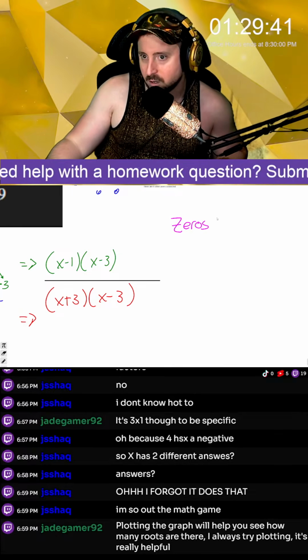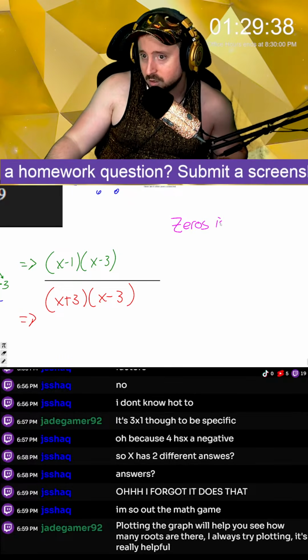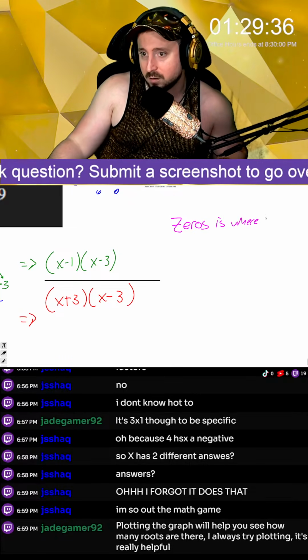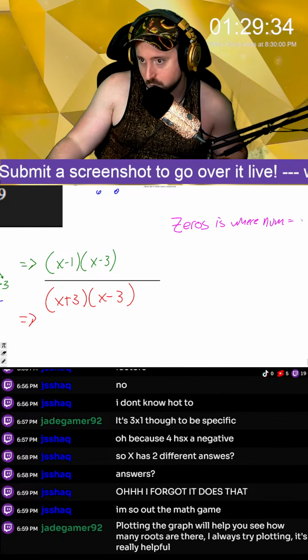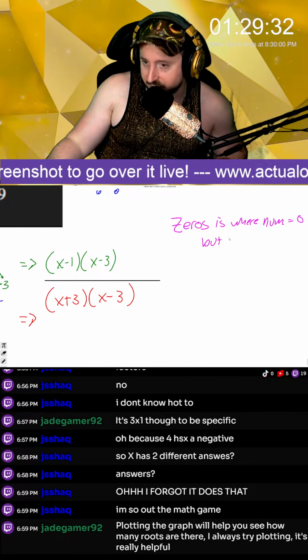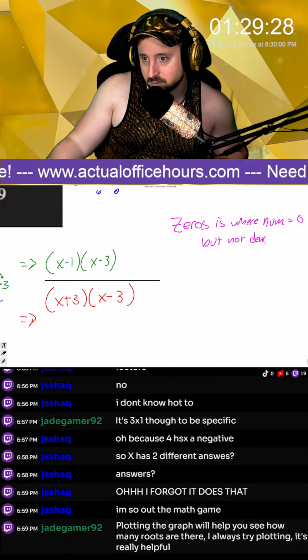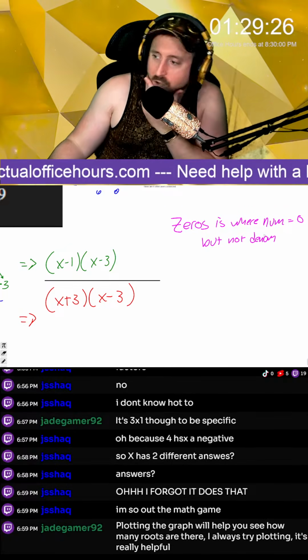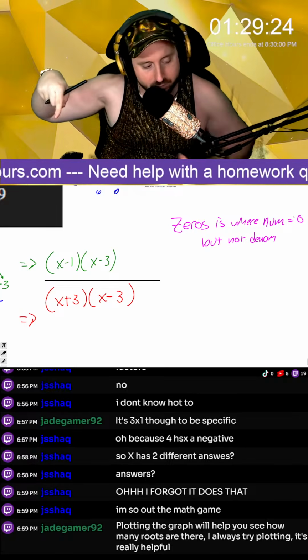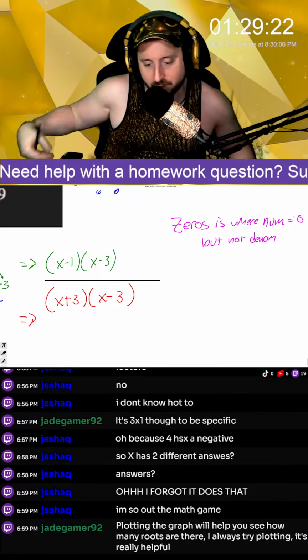Zeros are cool. So zeros is where the numerator equals 0, but not the denominator. Because if you get 0 on the top and 0 on the bottom, then it's technically undefined. You can't have 0 over 0.